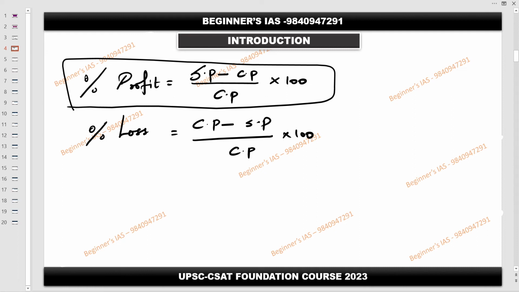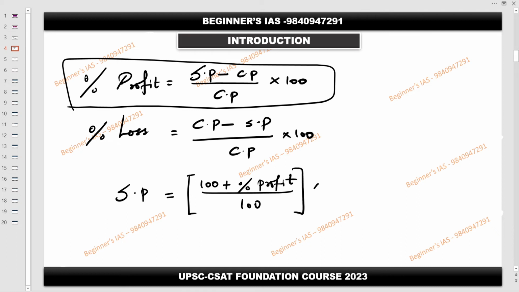In order to find out the percentage, listen to one more very important concept. Selling price equals (100 plus profit percentage) by 100 into cost price. This is in case of a profit.